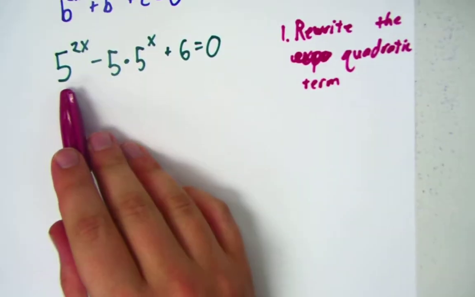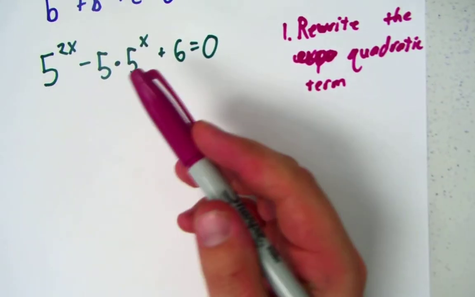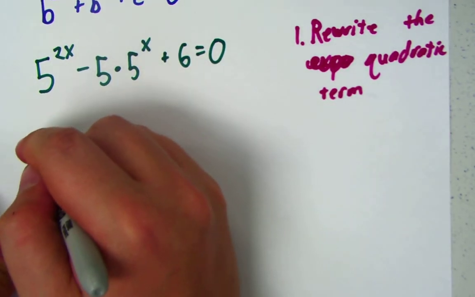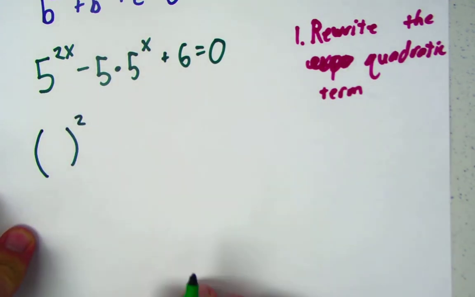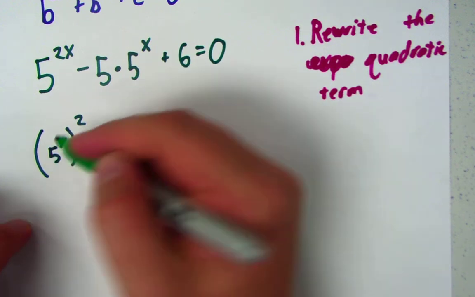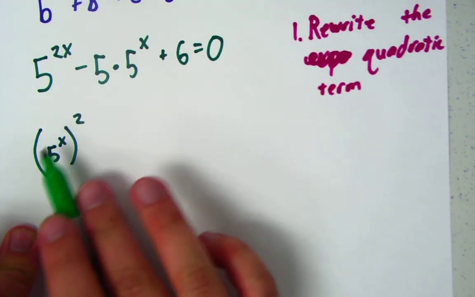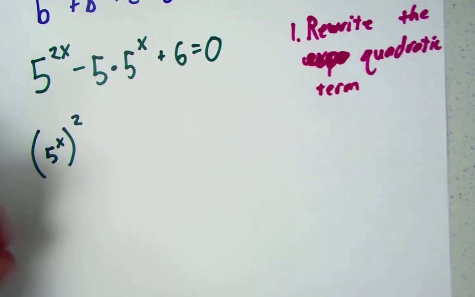By quadratic term, I mean the one with the 2x in it. You're going to rewrite it as something squared. You're going to rewrite it as 5 to the x, squared, because 5 to the x to the 2, exponents multiply, makes 5 to the 2x.